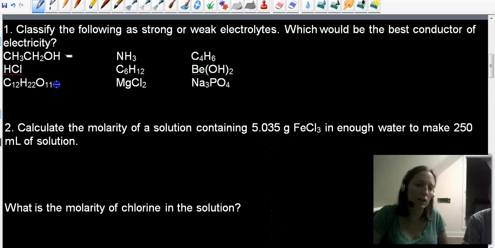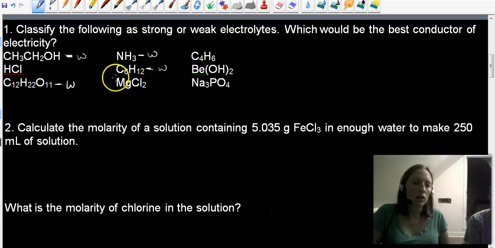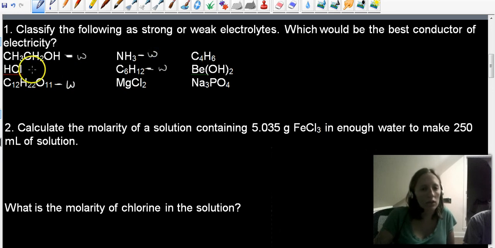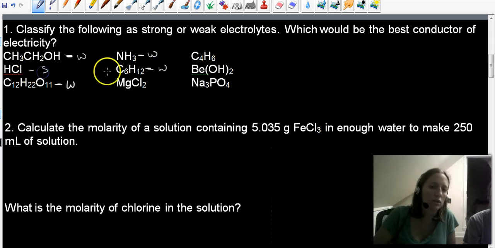This one, which is organic, is not good. So those are all weak. Also, bases based on ammonia are weak. So that leaves us with hydrochloric acid, which is strong.